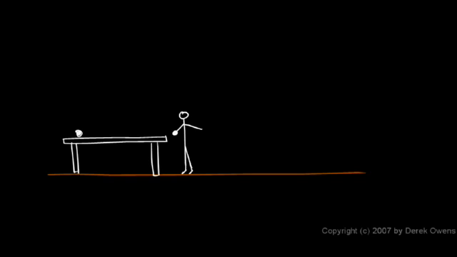And then you stand over here, and you're going to give this object a shove, and it's going to go flying to the right, and when it gets to the edge of the table, it's going to start moving in a downward parabolic path like that.